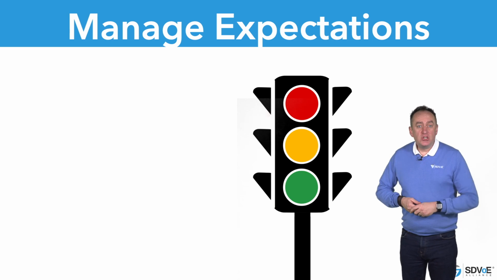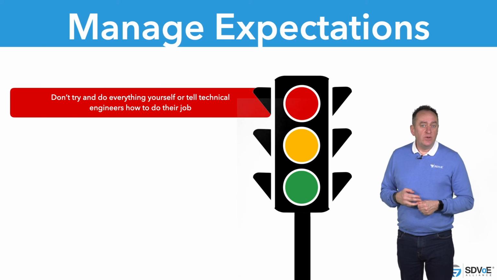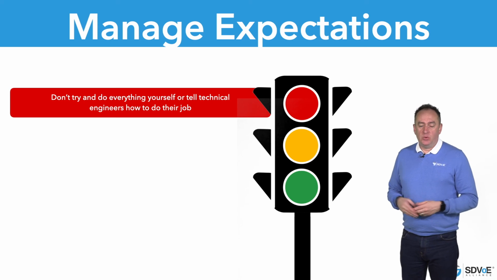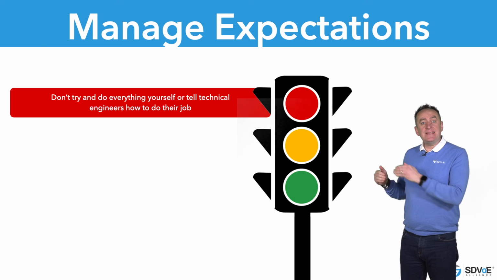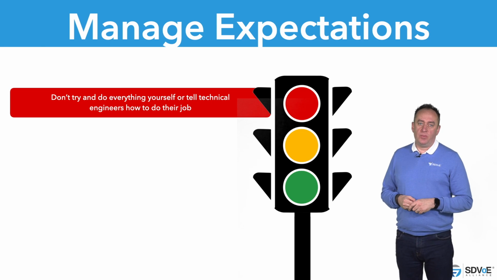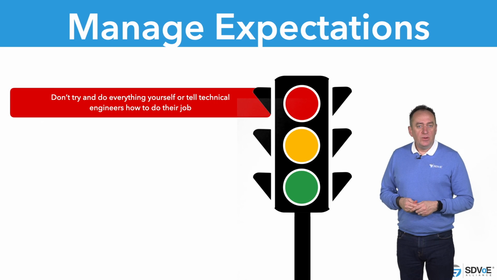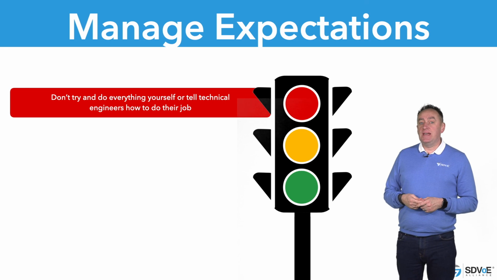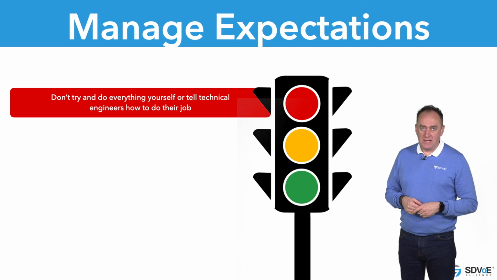And making sure you don't try to do it all yourself or make decisions which aren't yours to make is vital. Once your technical team has been fully briefed on the project, you must let them take control of their job. If they need your help or they require information from you, they'll ask you, but telling a technical engineer how to do their job is never well received.